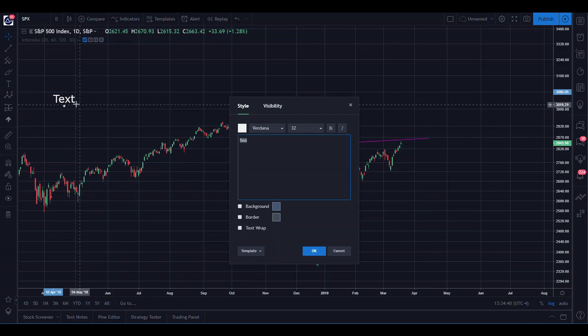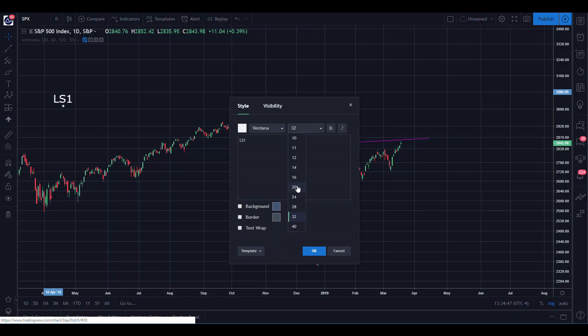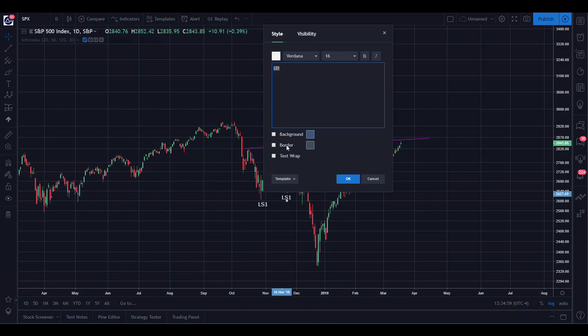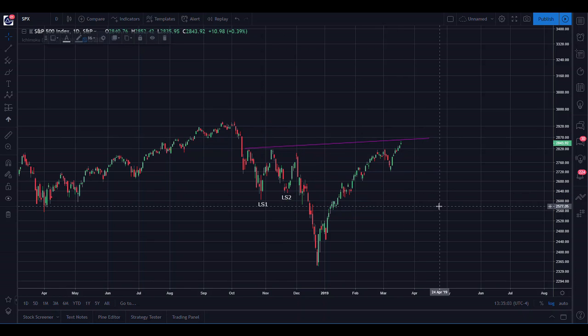And if I say that is the right shoulder, at least, left shoulder 1 would be here, and left shoulder 2 would be there. So it's a two-shouldered, inverted head and shoulders.